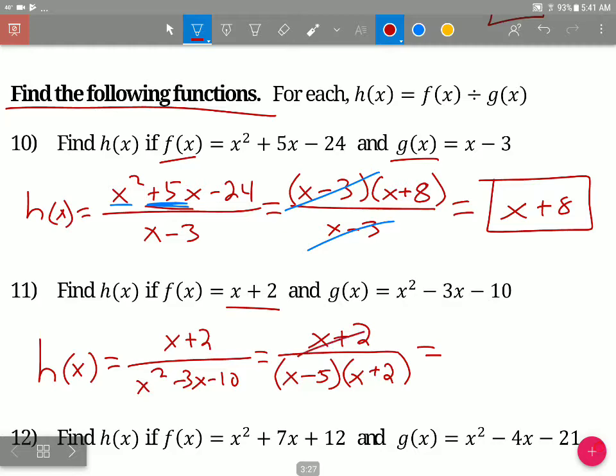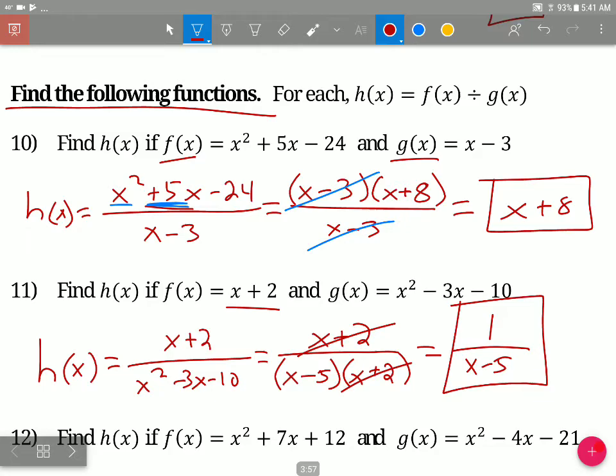So those cancel out at this point, and there's nothing left on top, so I'm going to put a 1 there, because you have to have something to show that this x minus 5 is in the denominator. If the numerator is all that's left, you can just leave it, because we already know that it's over 1. But if it's in the denominator, you have to put the 1 on top to show that it's in the denominator. Cool.